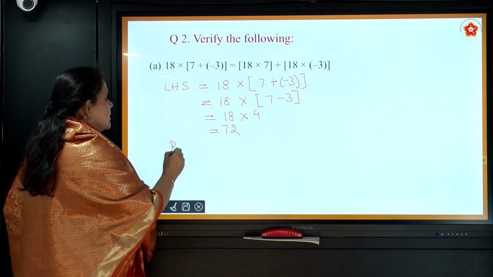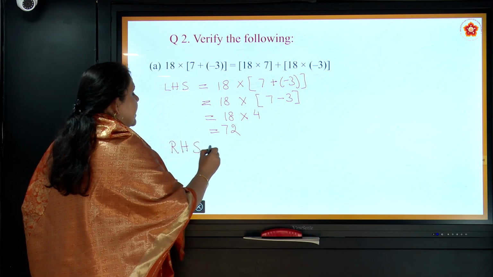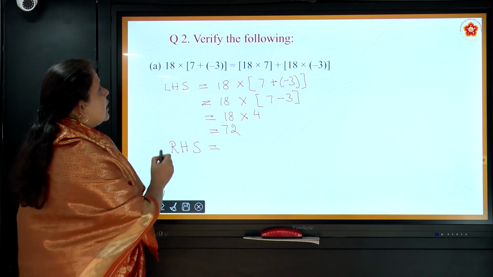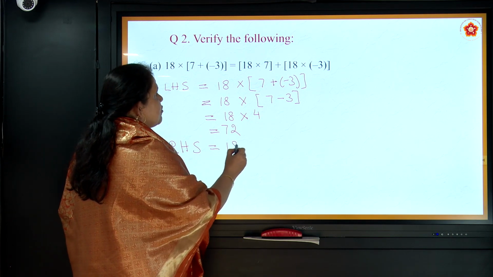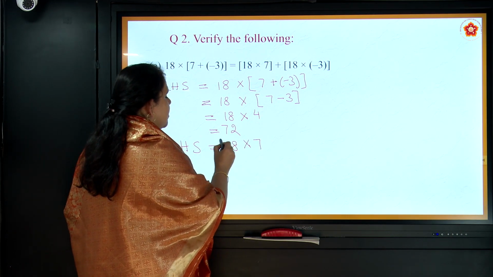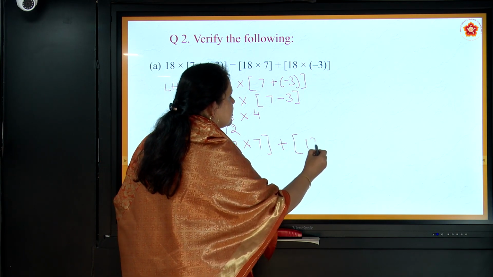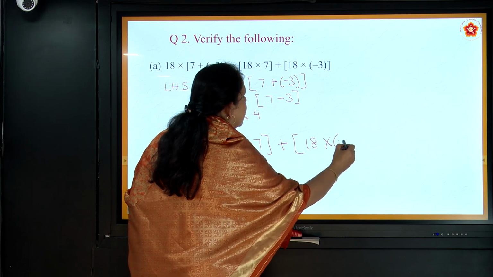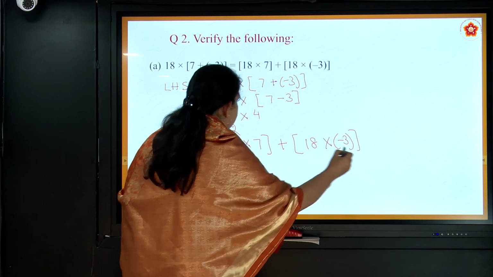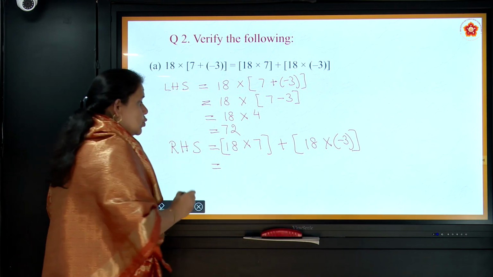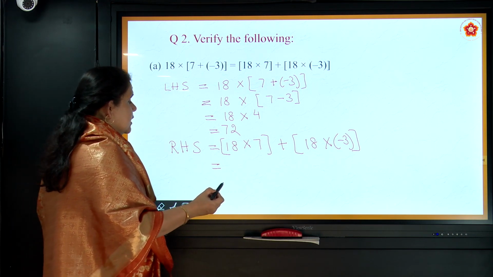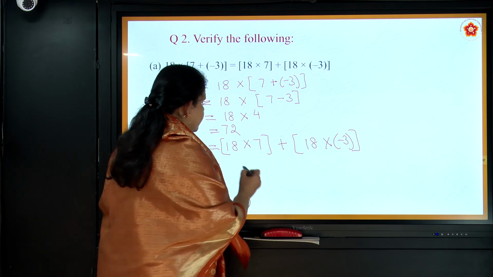Now look at the right hand side. In right hand side, we have to first find 18 multiplied by 7, and then in the second bracket, find 18 multiplied by minus 3. So do it along with me and see what is the answer coming.